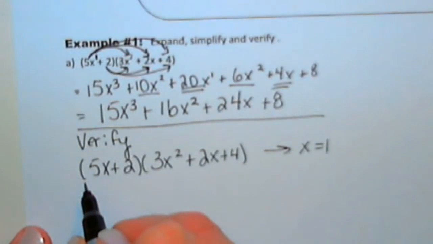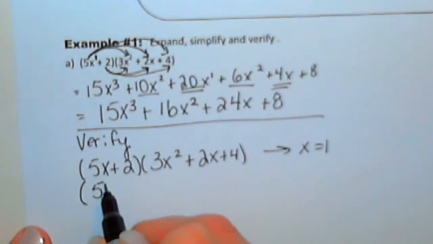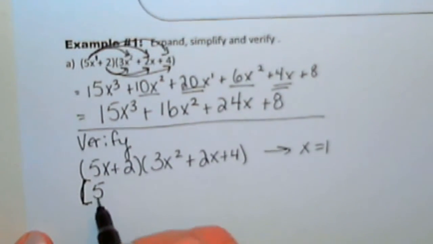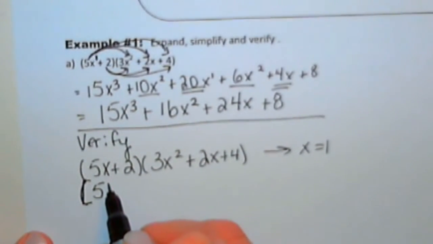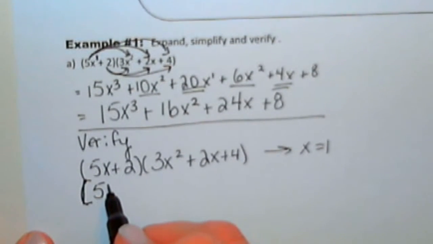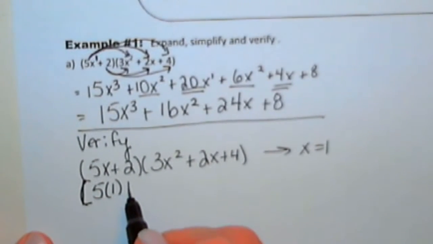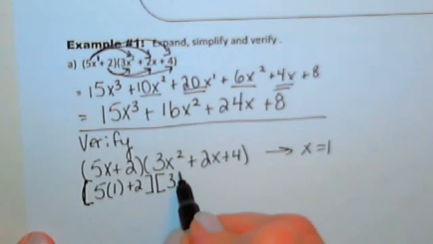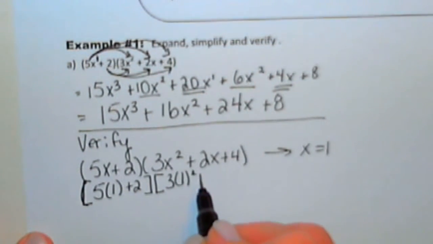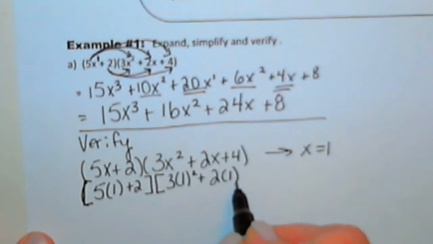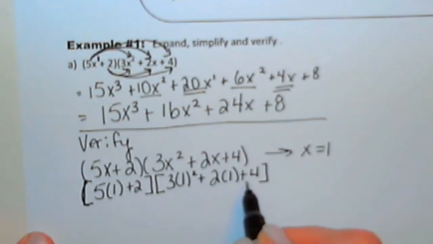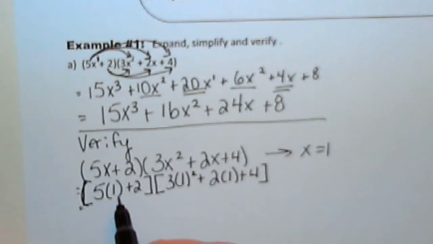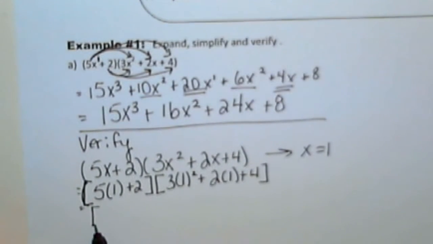So what are we going to have? We're going to have 5. Now I'm actually going to change all these brackets to square brackets now, because when I make my substitution for x, that's going to be a round bracket. So 5 times 1 plus 2, and 3 times 1 squared plus 2 times 1 plus 4. 5 times 1 plus 2 is going to be 7.